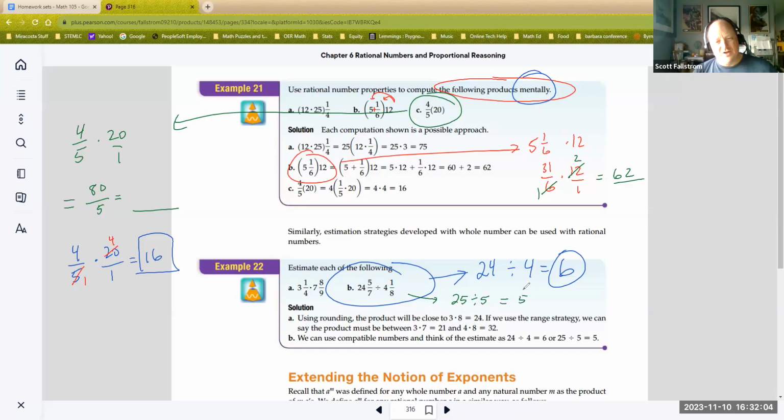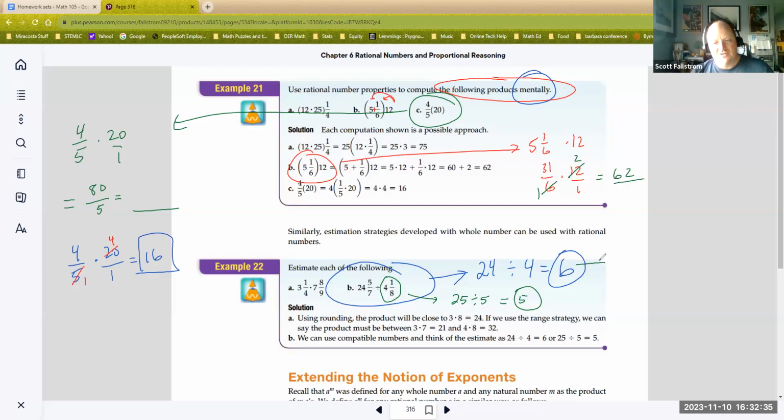And again, the answer is pretty close, but 6 actually turns out to be quite a bit better of an answer, because I changed the divisor by the least amount possible. If you change it by more, kind of bringing it all the way up to 5, you've almost made it, if you look at it, 25% bigger instead of a tiny fraction smaller. So just keep that in mind.